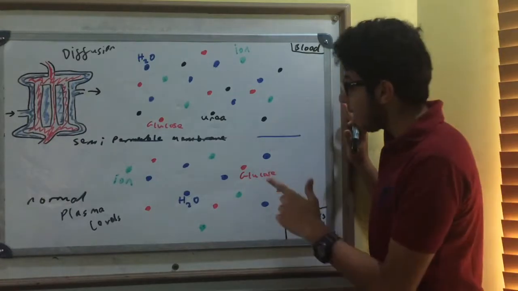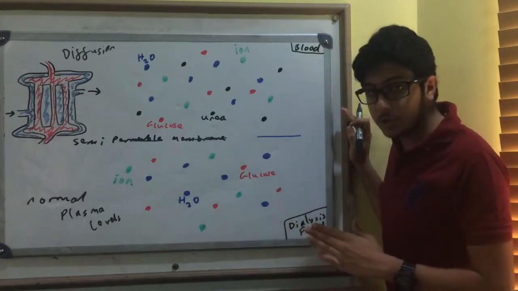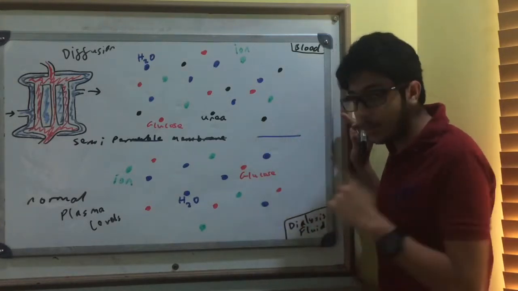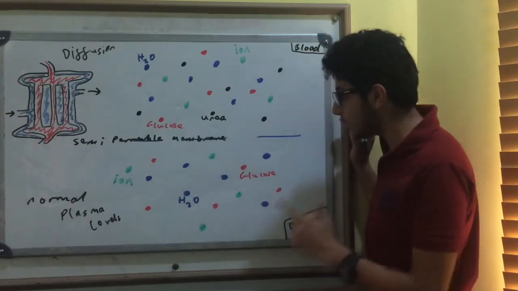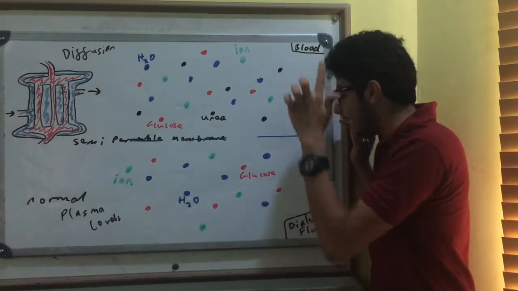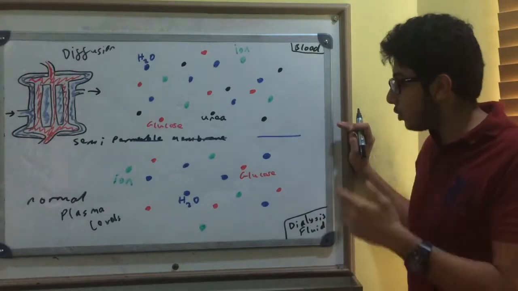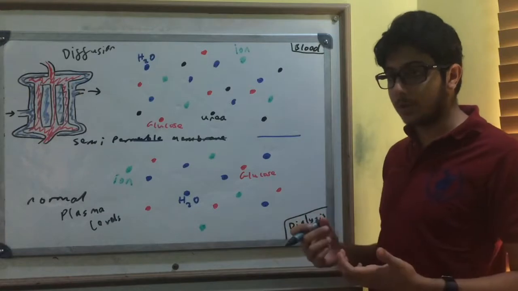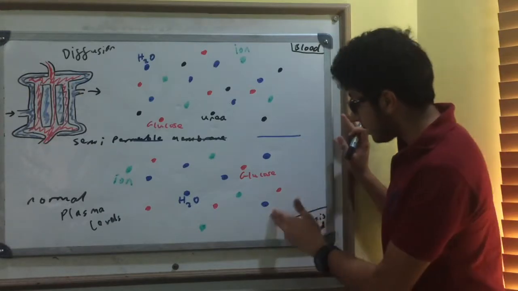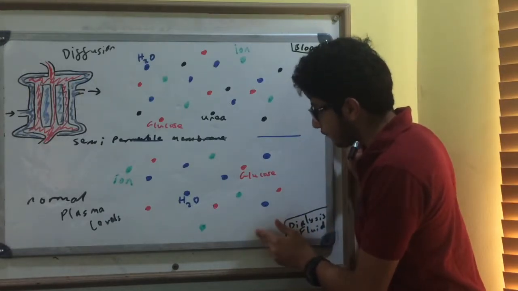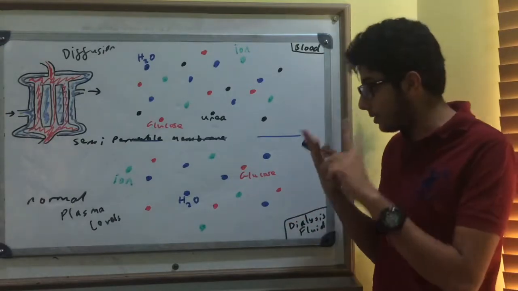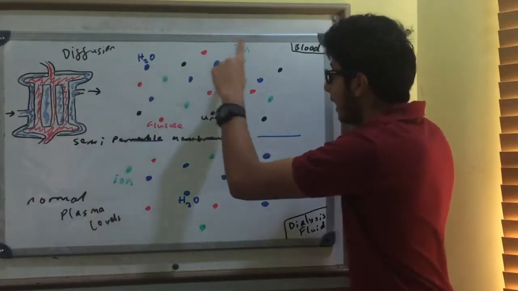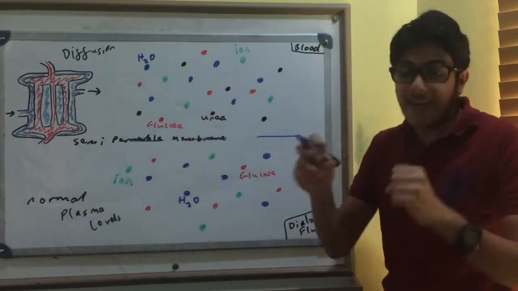So, here we can see we have the same concentration of water in the blood and in the dialysis fluid, the same concentration of ions, the same concentration of glucose, so that you don't lose the useful substances by diffusion. So that's what contains the normal plasma levels. You don't want to lose the glucose, you don't want to lose ions, you don't want to lose water, unless the water and ions and glucose are in excess.